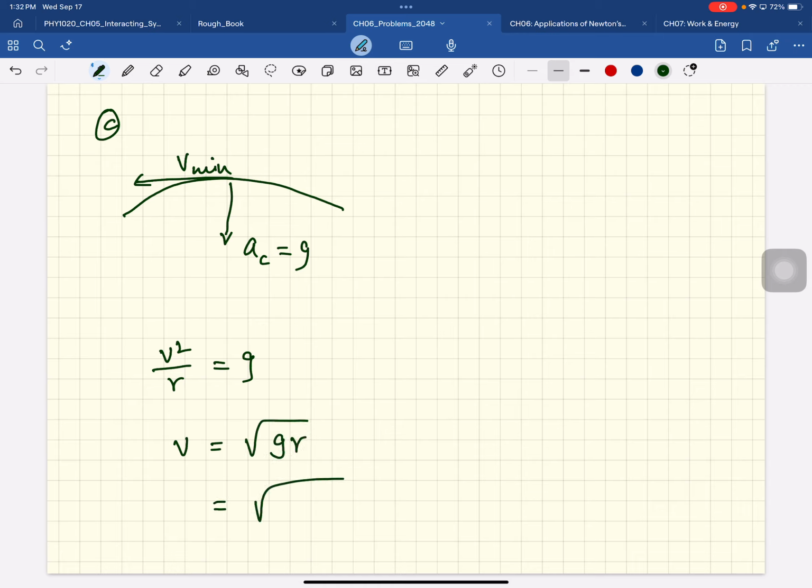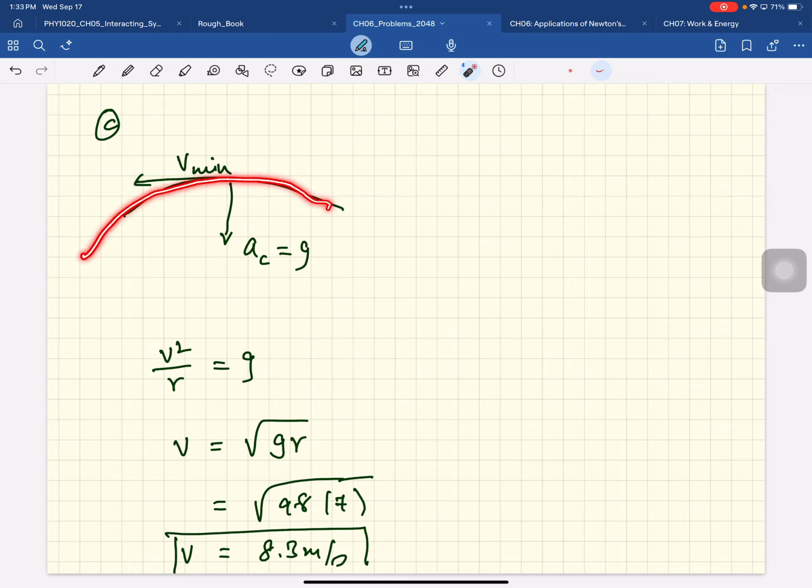In this case, g was 9.8 meters per second squared, and R was 7 meters. So if the car is going at 8.3 meters per second, your trajectory will follow the track.